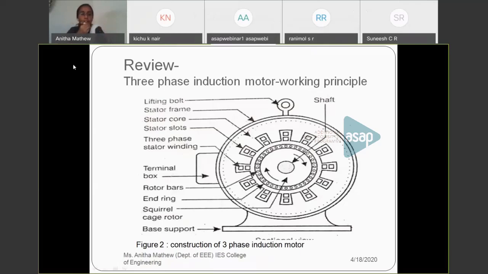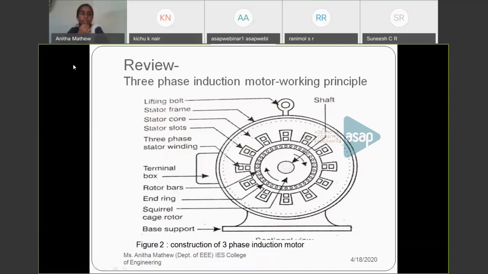Then the rotor. In the rotor slots, either copper bars or aluminum bars are placed, or windings, according to the rotor type.